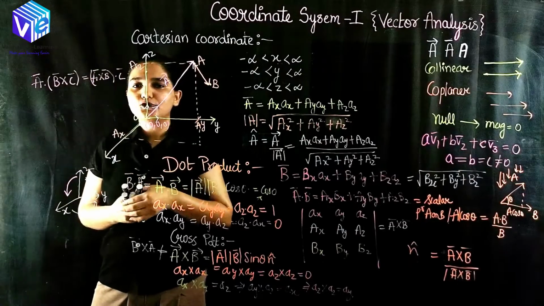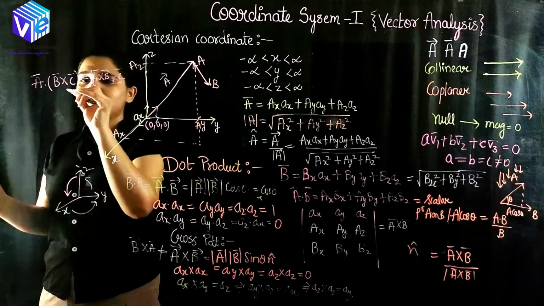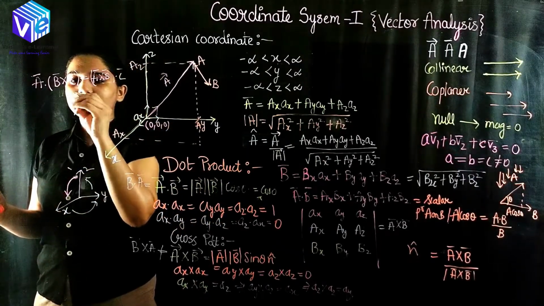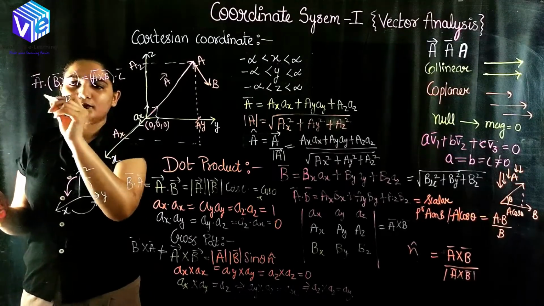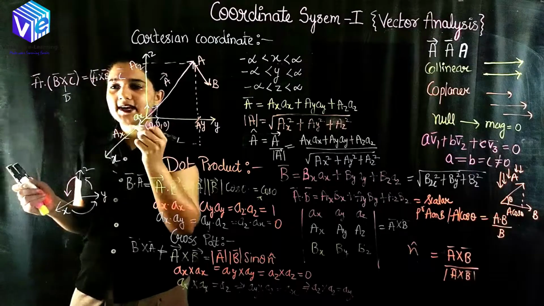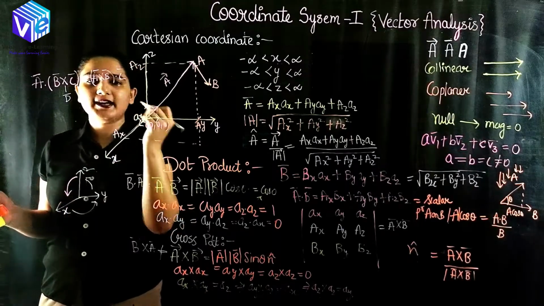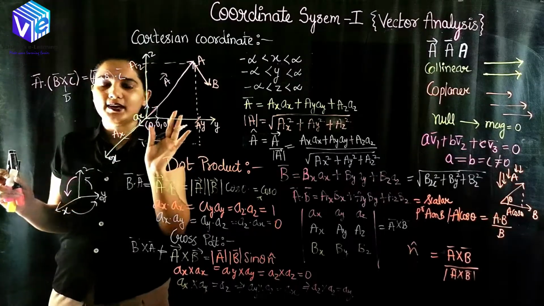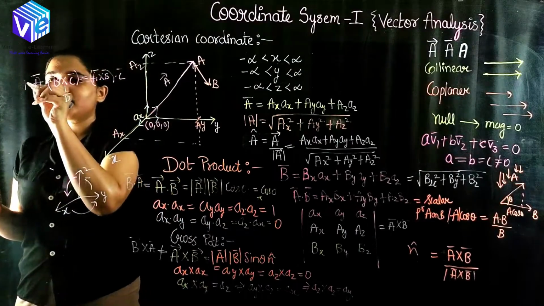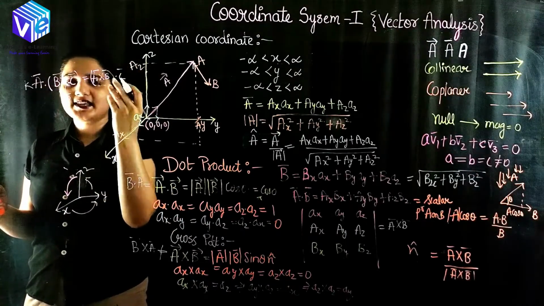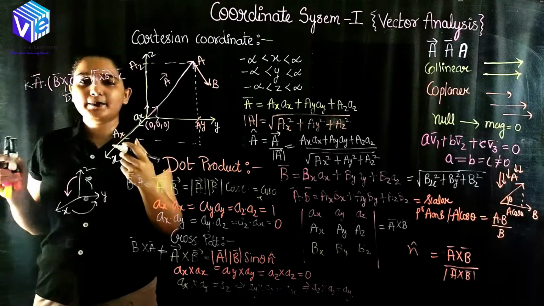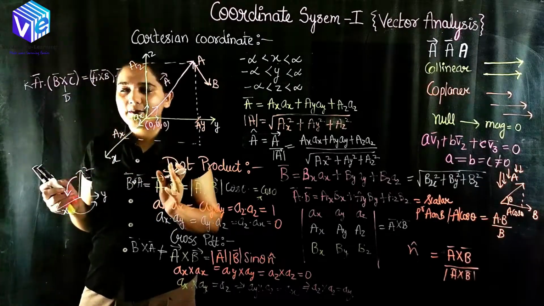So what will be the output? Here B cross C will be a vector quantity. Let's suppose it is D cap. When the A vector is dot product with the D vector, we'll get a scalar output. Here also we'll get a scalar output and both are equal. Now if I multiply it with K, it will also be multiplied by K inside. Inside I can multiply K with B and I can have the same answers.